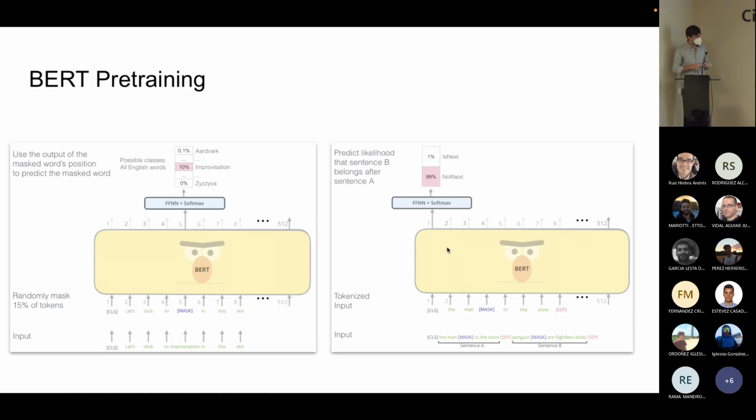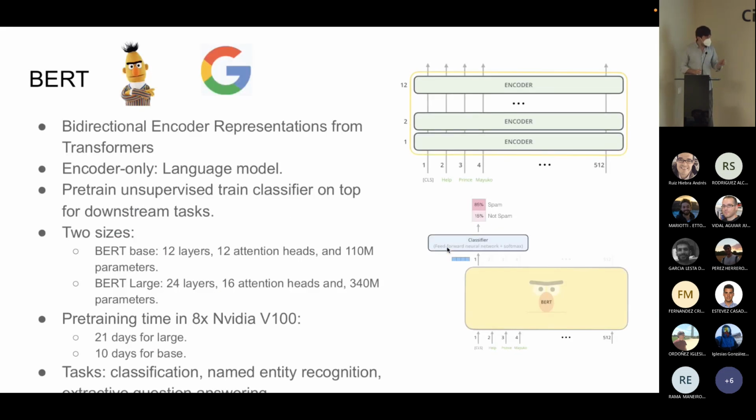And this was really useful for things like sentiment analysis or predicting spam or whatever task that requires a global understanding of the sentence. Because of this way of pre-training, this was a major leap forward, and it gained a very deep understanding of text.